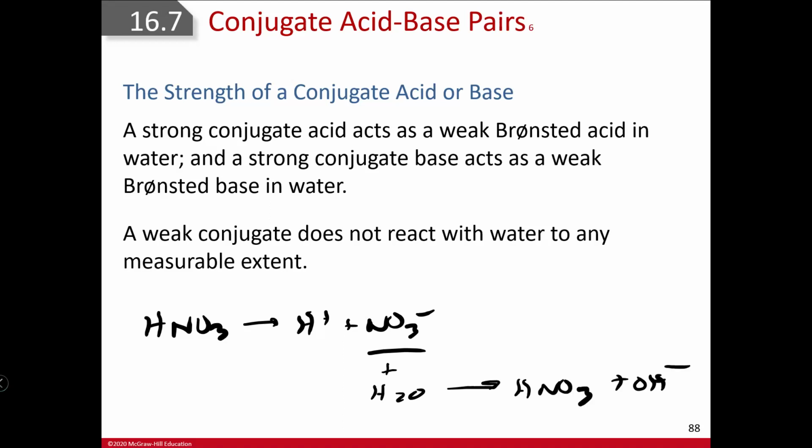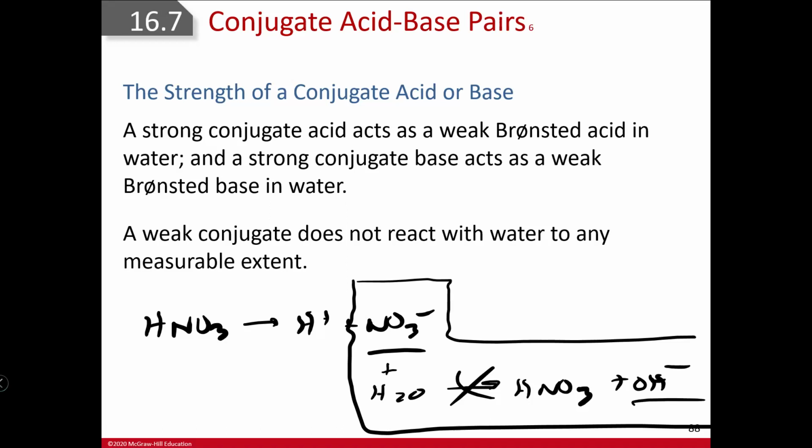That's not going to happen. It's important that it doesn't happen, because if it did, we'd have problems. Nitrate would actually make a basic solution, and we wouldn't be expecting that. So again, this is the weak conjugate base of nitric acid. Does not happen.